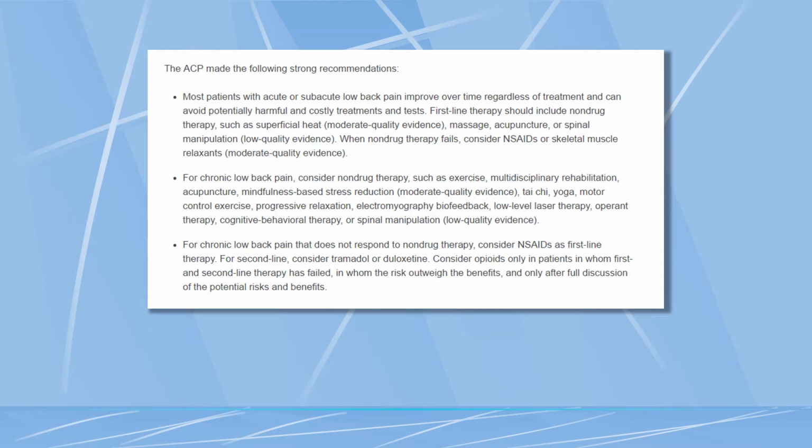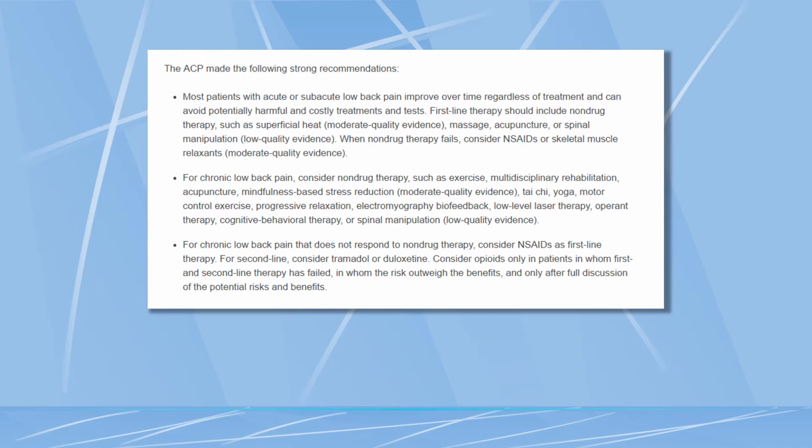If you look at the differences between the treatments there, you'll see that with acute and subacute low back pain, these are essentially interventions that don't necessarily employ any characteristics that would deal with psychosocial overlay. So for example, their treatments include for acute and subacute low back pain, things like superficial heat, massage, acupuncture, lumbar manipulation. And then if those don't work, they recommend using non-steroidal anti-inflammatory drugs or muscle relaxants. And so that's one approach for individuals with acute and subacute low back pain.